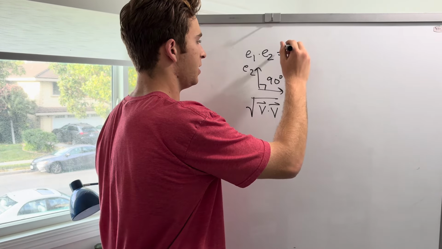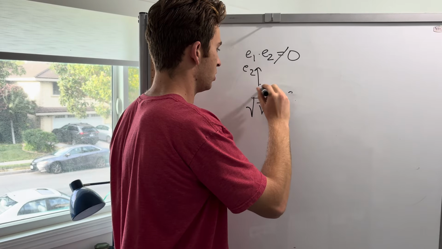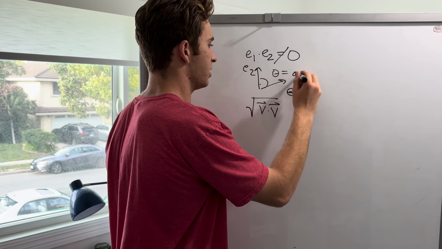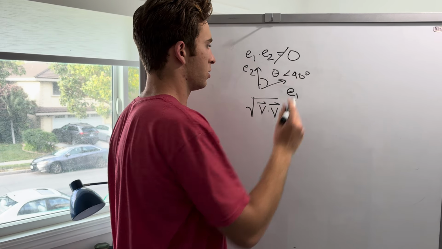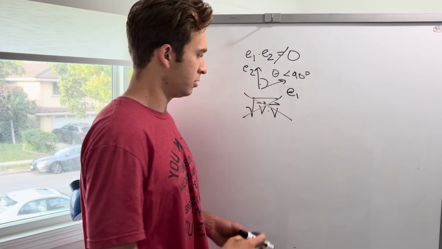However, if E1 dot E2 is not equal to 0, let's say you have a different one, in this case theta is less than 90 degrees, then this does not work.